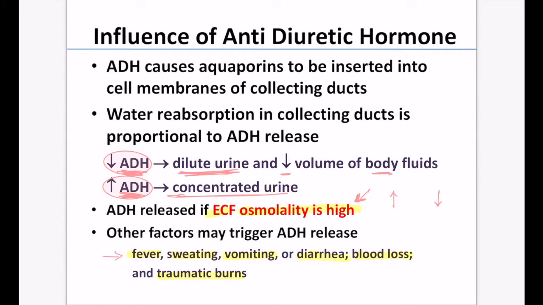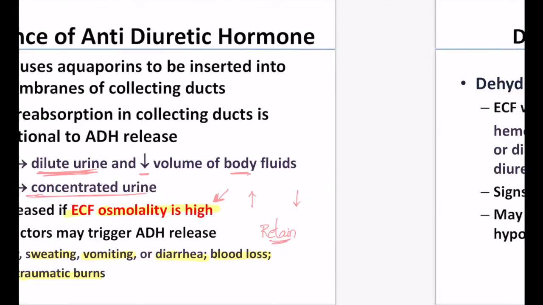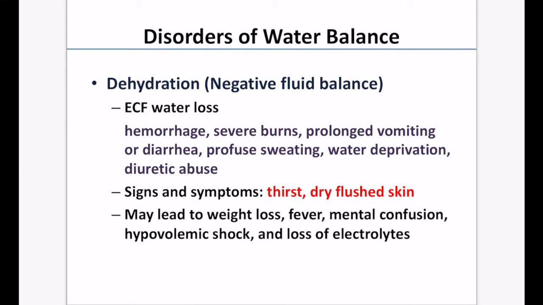It's just enough to get any of those, either fever, sweating, vomiting, diarrhea, blood loss, or burns, in order for you to start the release of ADH to retain water. And again, why would I need to retain water in those cases? For me to maintain a normal blood volume and blood pressure.